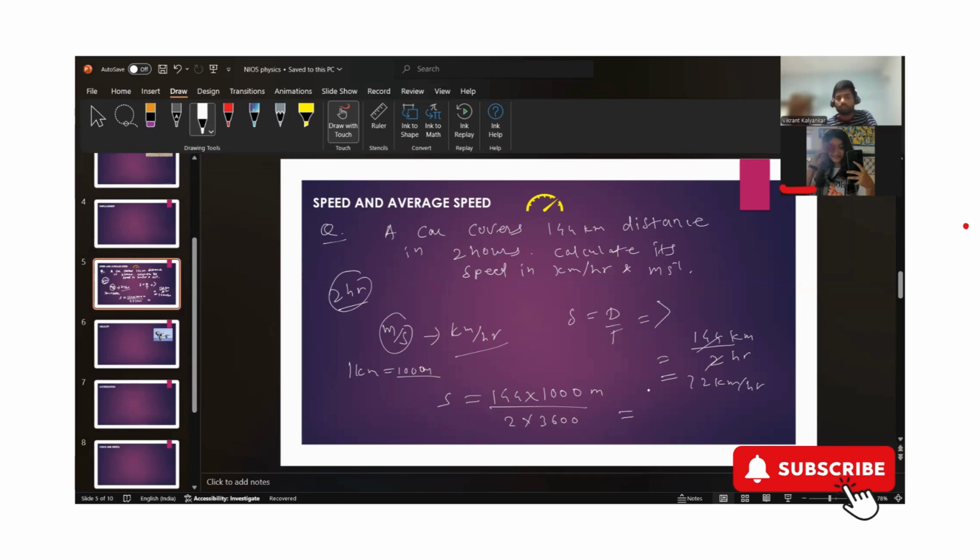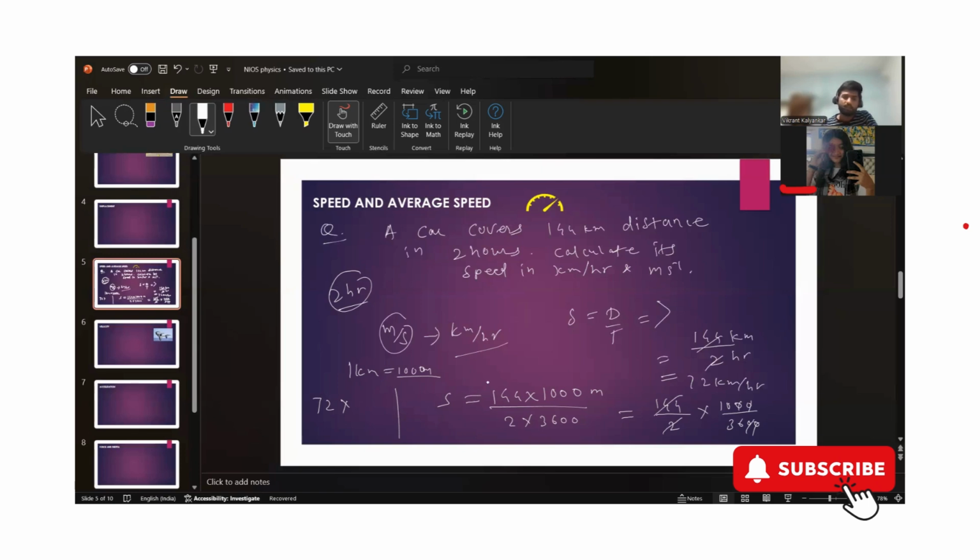So if you calculate this, we'll be getting 144 divided by 2, which is 72, into 1000 by 3600. Just simplify it. So here you will be getting 10 by 36.